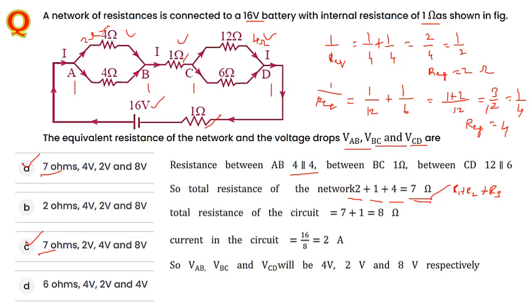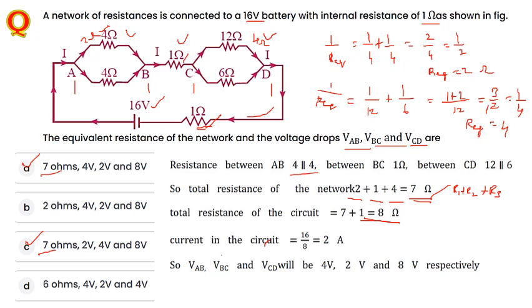Next, what they are asking is the potential voltage drop across AB. Before going to that, we found this resistance, and there is one more, the internal resistance of the battery, which is 1 ohm. So the total resistance of the whole circuit here is 8 ohm.